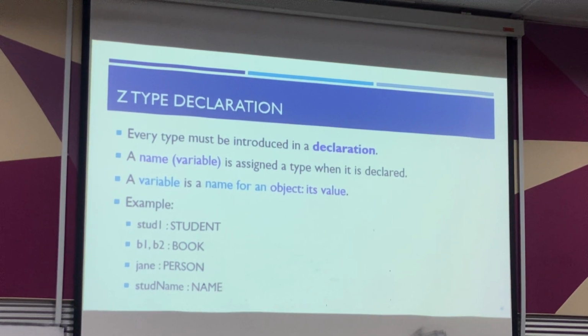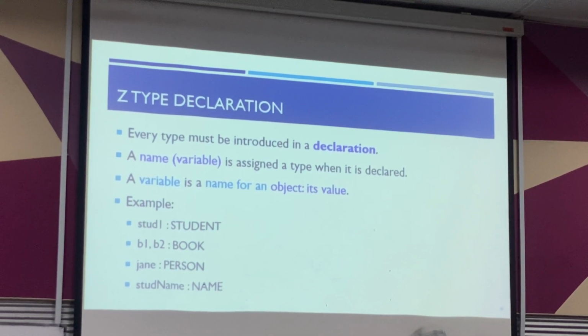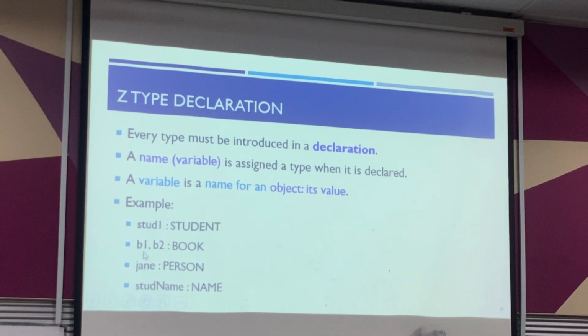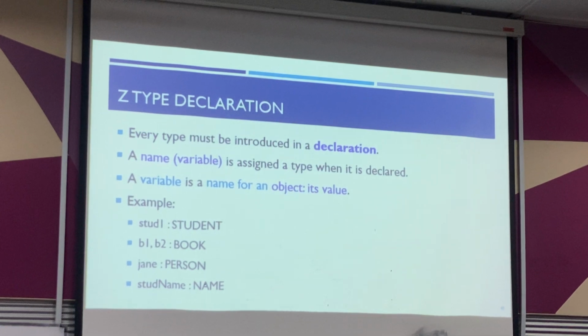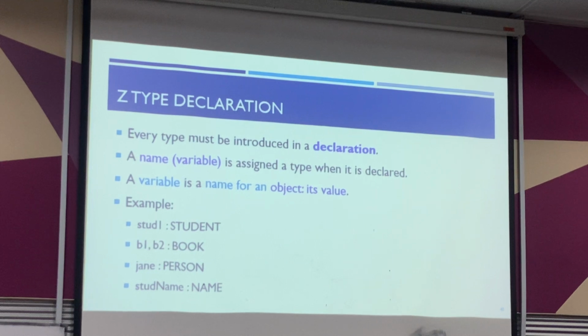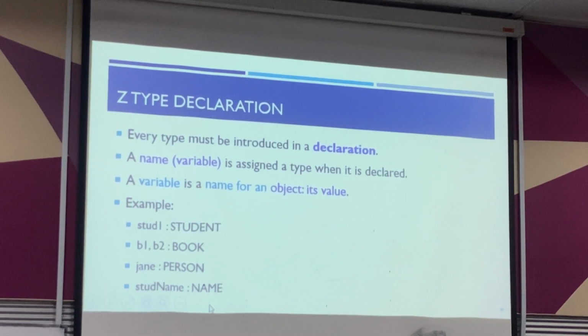This one means that I will have two books, book1 and book2 of type book. Book1, book2 of type book means one book for book1, one book for book2, of type book. One only, single. I have a person, Jane. I have a student name of type name. So the way to declare your variable is you must have a colon in between.